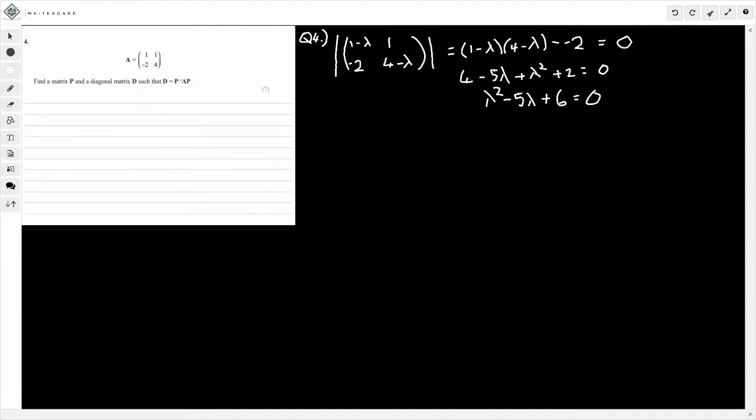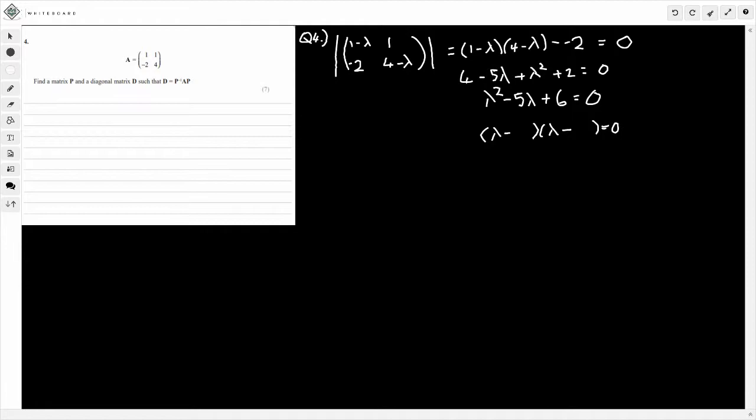So this is my characteristic equation here, this quadratic. How do we work out the eigenvalues? Well, we need to factorize this. Because it's just a quadratic, it's going to be 2 brackets, one value and another value, equal to 0. Hopefully this is nice and straightforward. It's just from GCSE maths, you just factorise the quadratic.